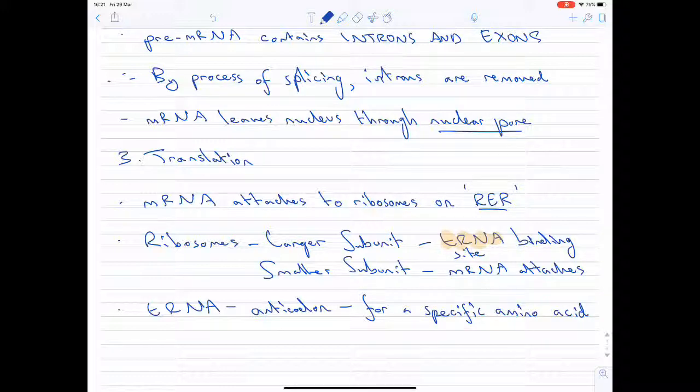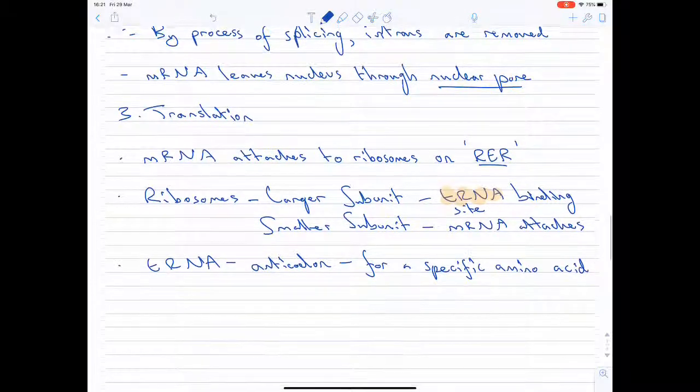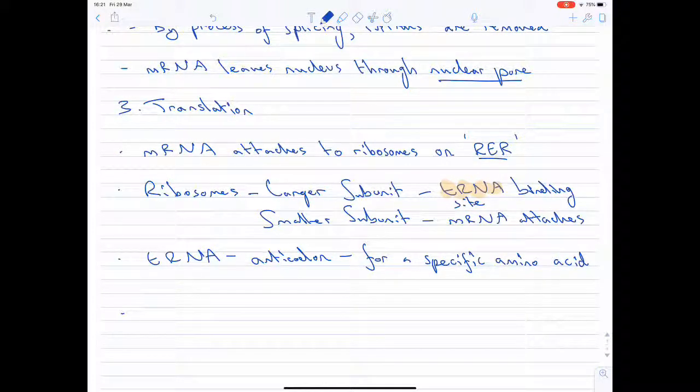So now we'll also explain the mechanism of translation. What we're going to say is the mRNA attaches to start of ribosome. So there we are. We've got the mRNA on the ribosome, so we're ready for protein synthesis.